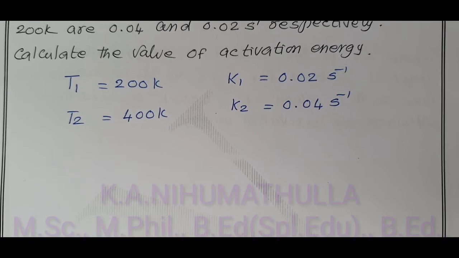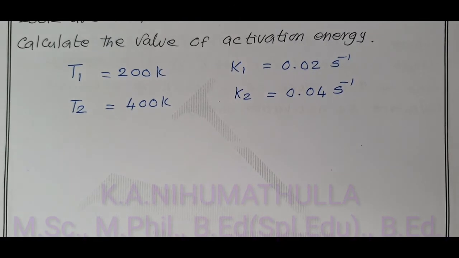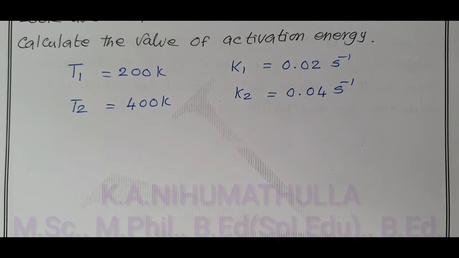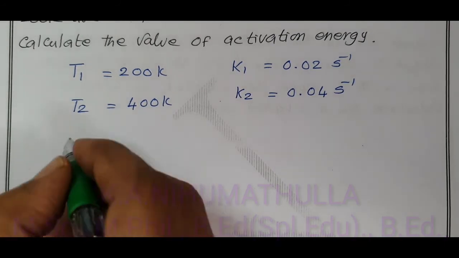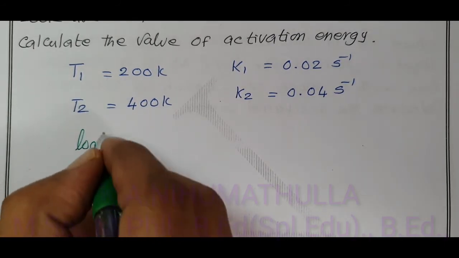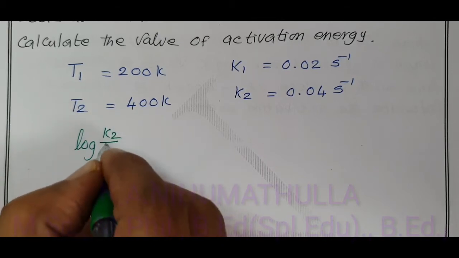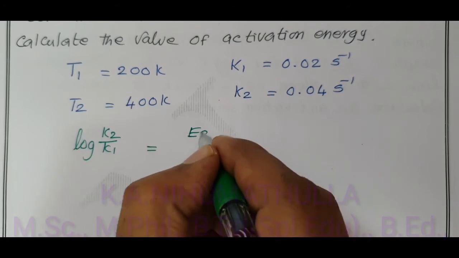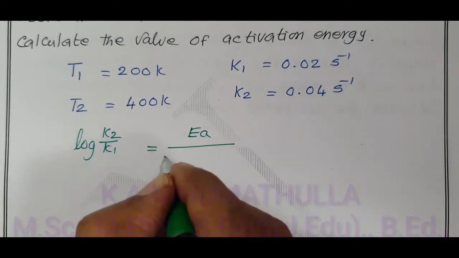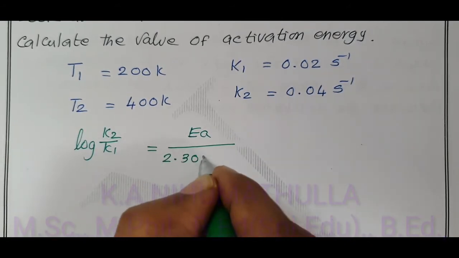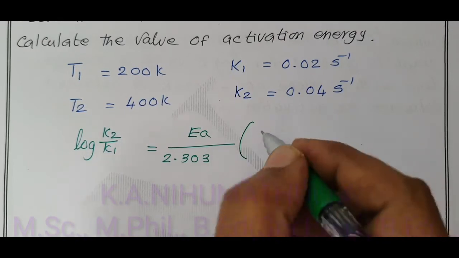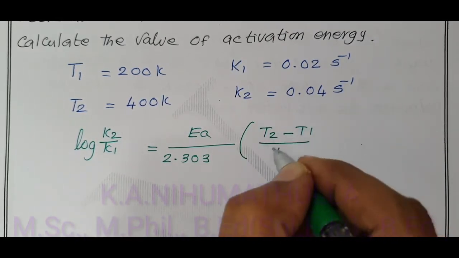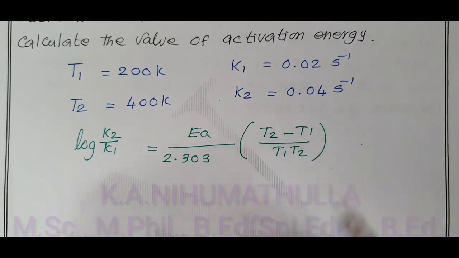We know the Arrhenius equation at two different temperatures is log of K2 by K1 equals Ea by 2.303 R into (T2 minus T1) by T1 T2.